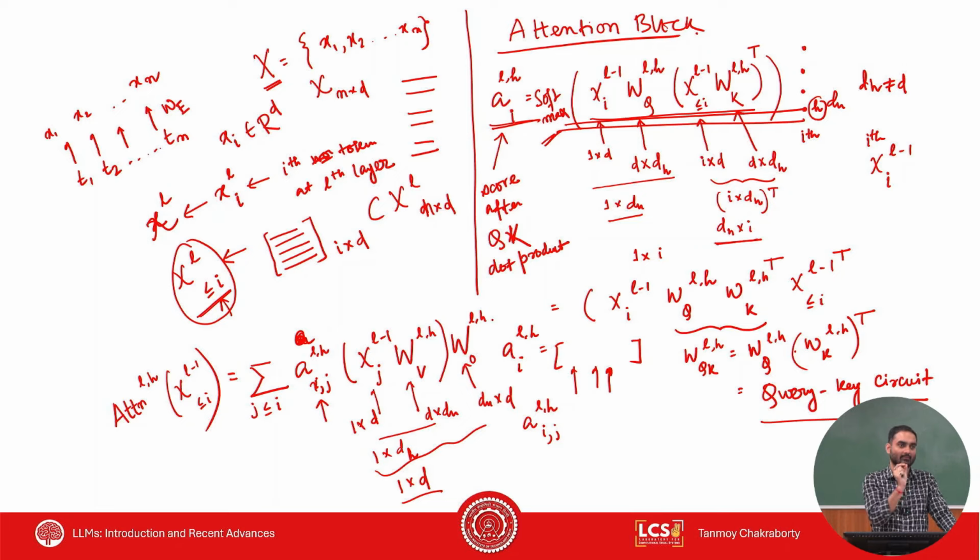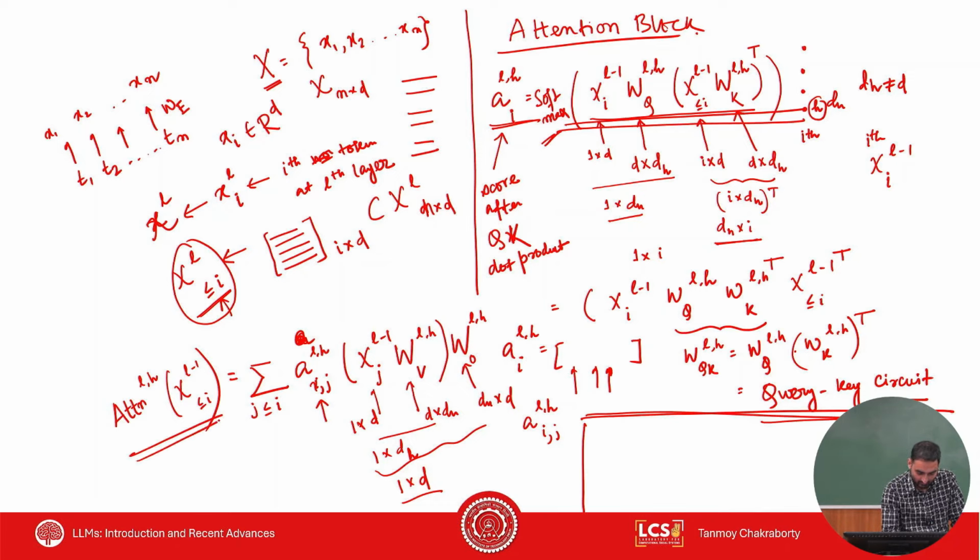Let's say if I had produced a vector of size d_h, and there are H such attention heads, and H times d_h equals d, then we could concatenate. But we did not do it here. For every attention head we produce a vector of size d, and those will be added.